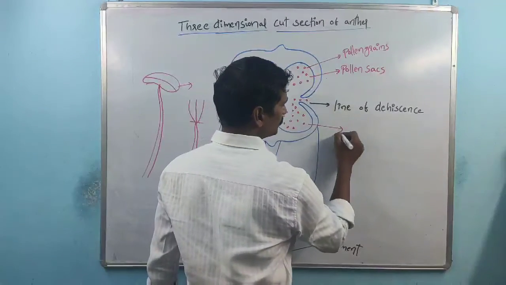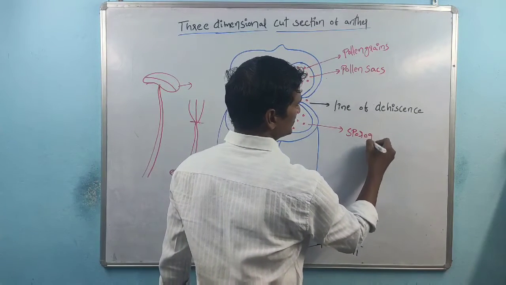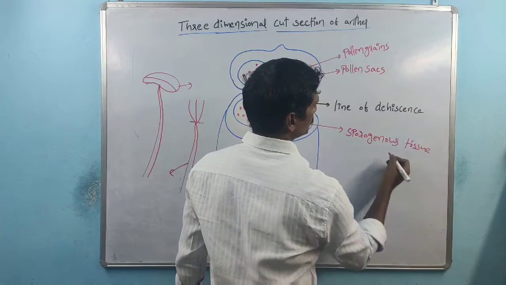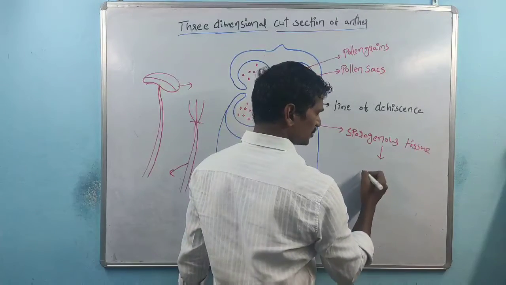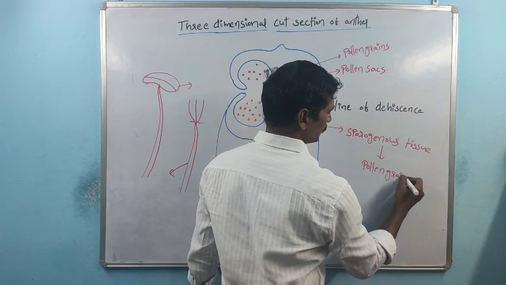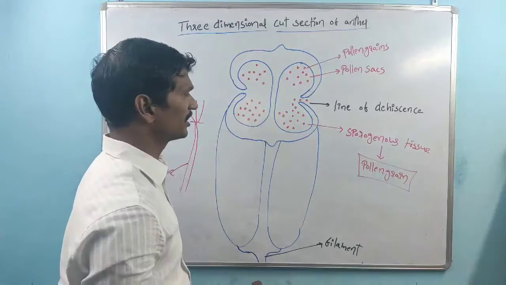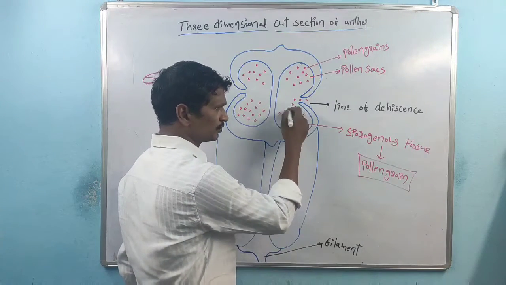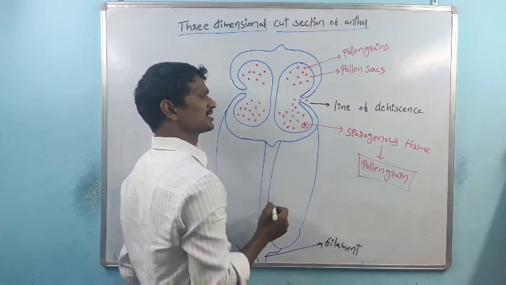This central tissue is called sporogenous tissue. Why is it called sporogenous tissue? The sporogenous tissue is involved in the production of pollen grains. The microspore mother cells are present before the pollen grains form.